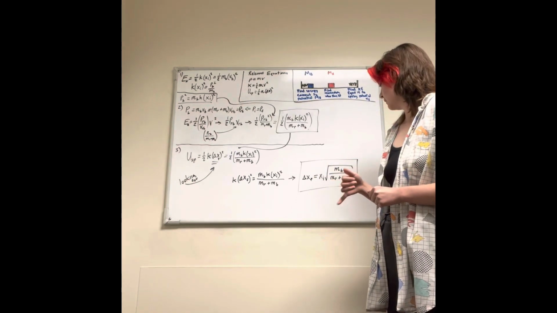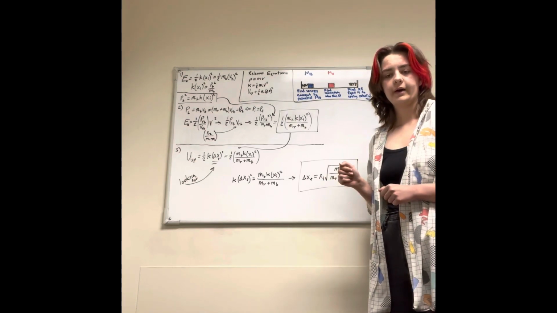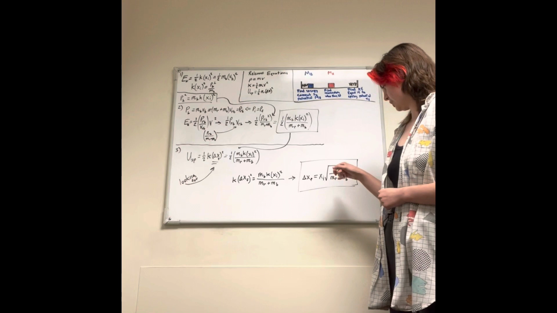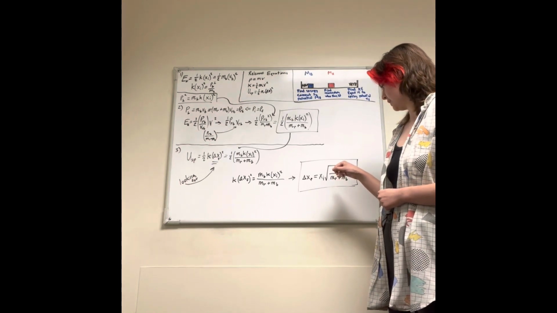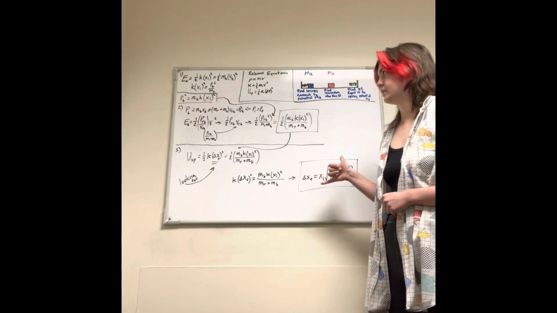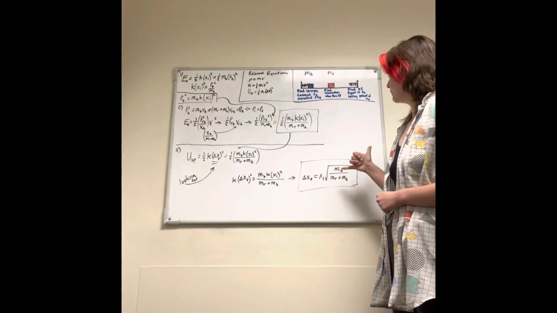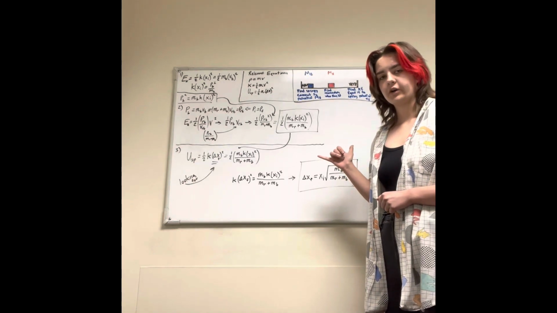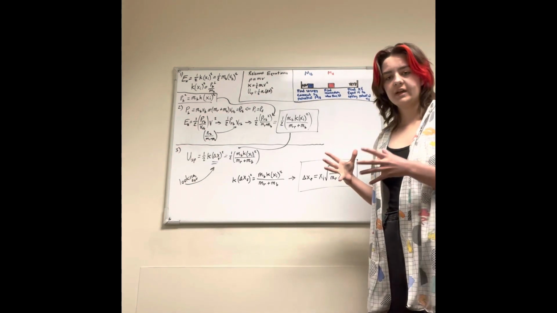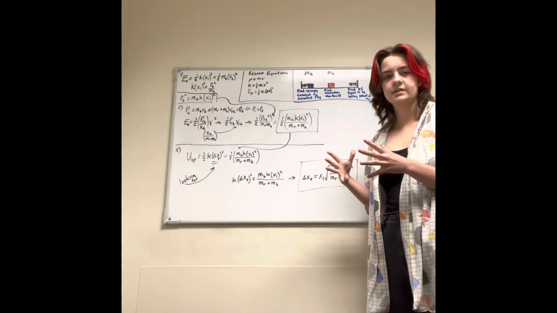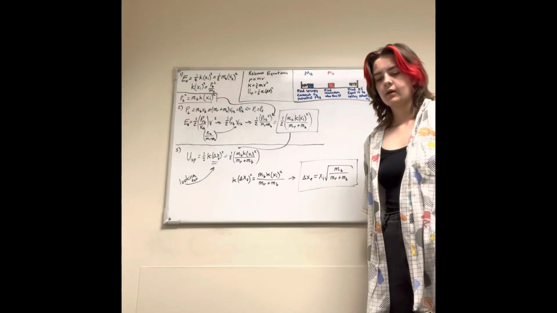And finally, we can take a look at MR, or the mass of the red block, and that in our equation shows that as MR increases, the x final decreases, and this makes logical sense because the more mass MR has, the harder it will be for the blue block to move it, and it will have less energy and force to compress the final spring.